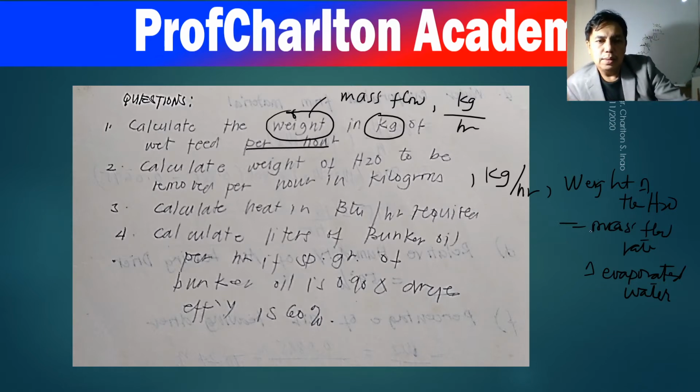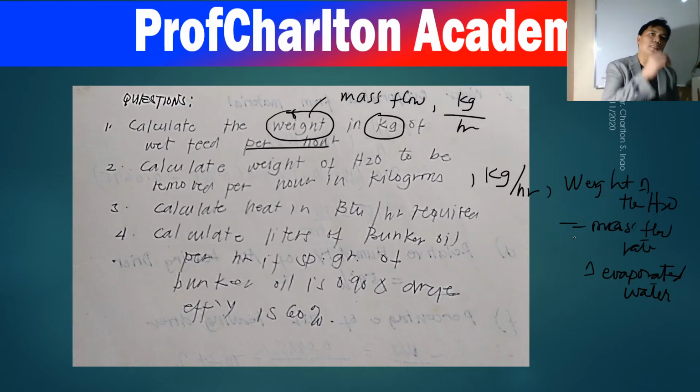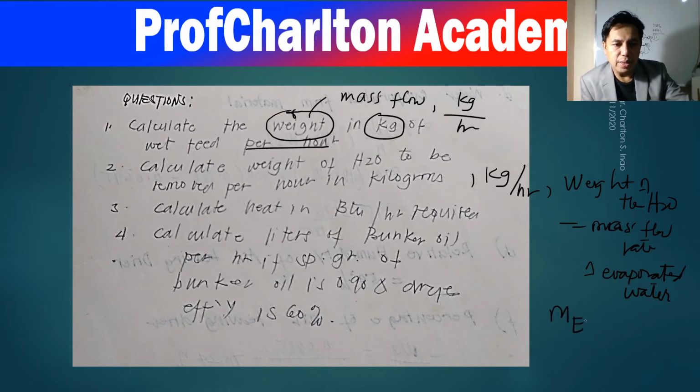Okay, so we know that if you put wet sand in, then it will become dry. So the moisture content will be reduced. So that means what is being sought here is the mass evaporated, M sub E, which is simply the feed minus the product, meaning the kilogram per hour in feed minus the kilogram per hour at the product side.